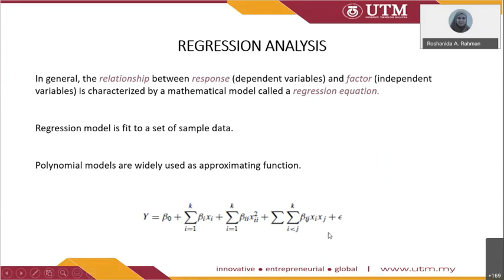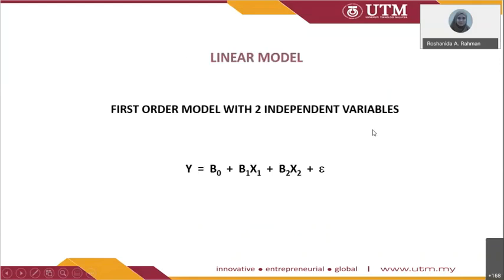It is the factors, depending on how many factors you have in your study. So this is the polynomial model, and you want to feed your data into this model. At the end, you can produce the mathematical model, and we call it the regression equation.